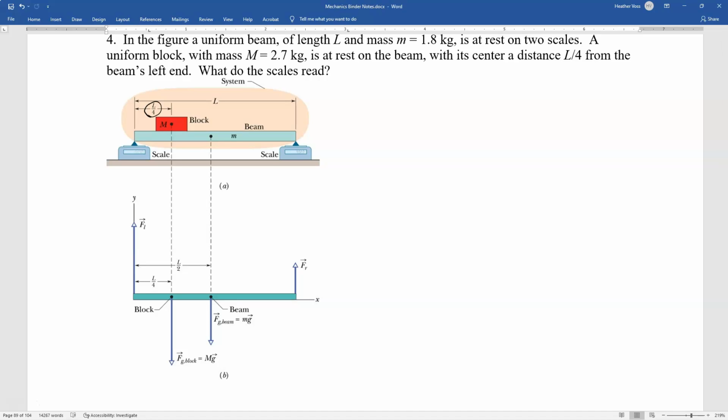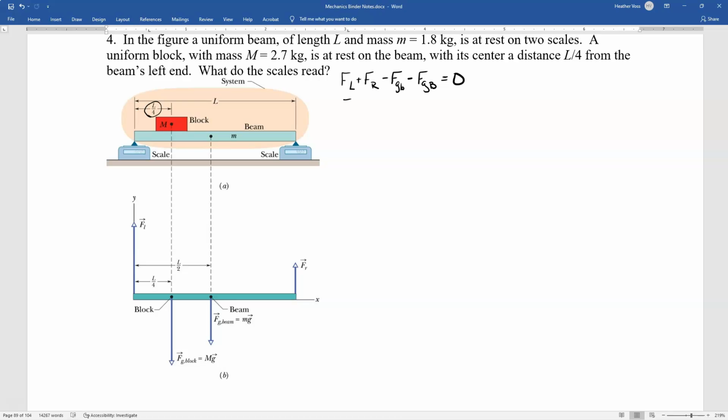Well, first things first is to realize that we have a force situation, that the net forces should sum to zero. So that means force on the left plus force on the right minus force due to gravity of the block minus force due to the gravity of the beam should sum to zero.